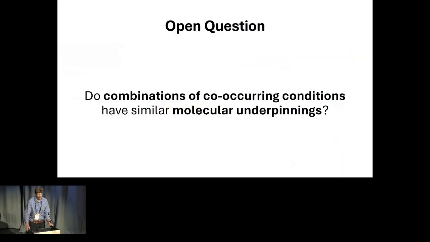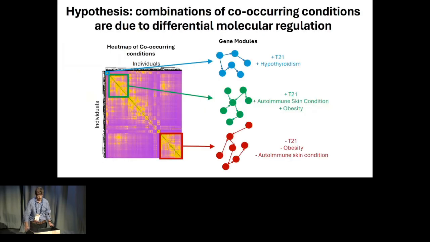Now, an open question, and something that other people in this track have discussed, is do these combinations of co-occurring conditions have similar molecular underpinnings? And our hypothesis is, of course, that they do. If we're able to identify those molecular regulatory events that differentiate these different combinations of co-occurring conditions, this would be really useful.